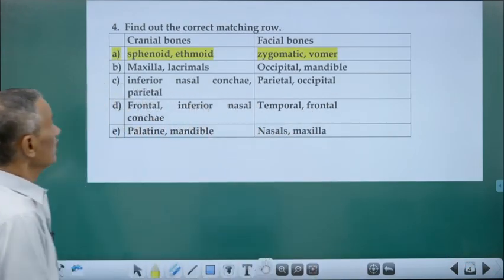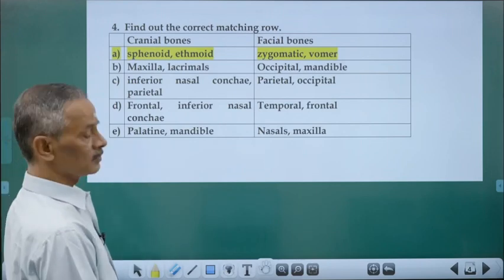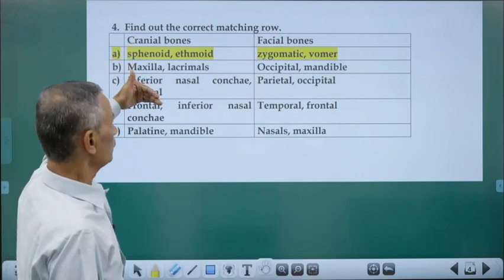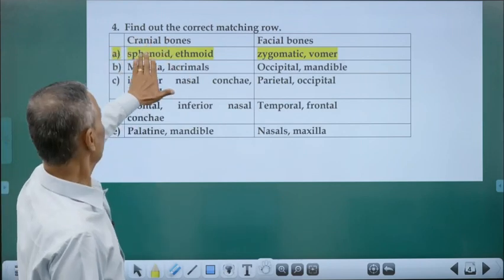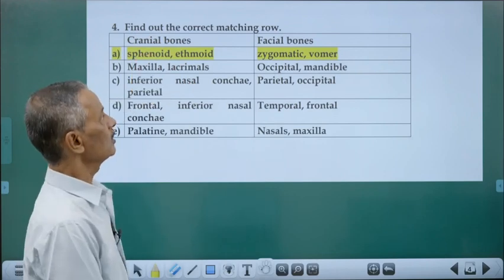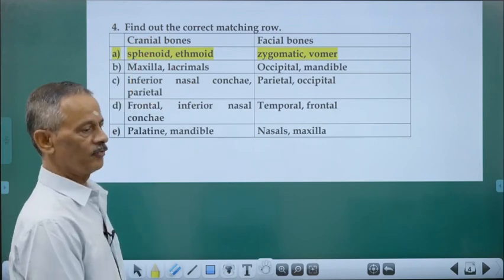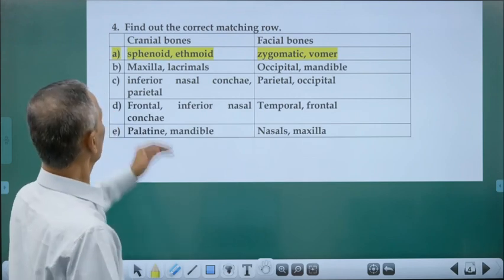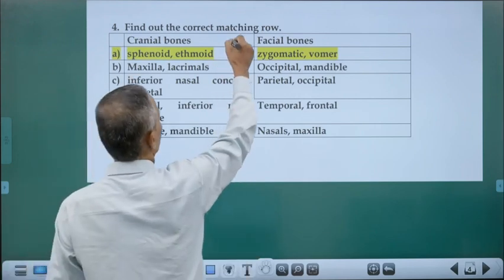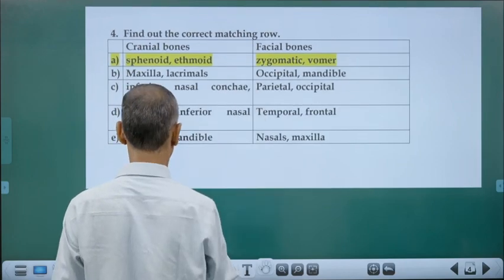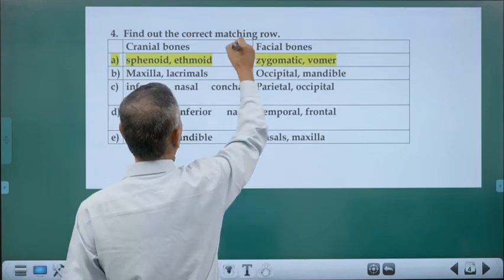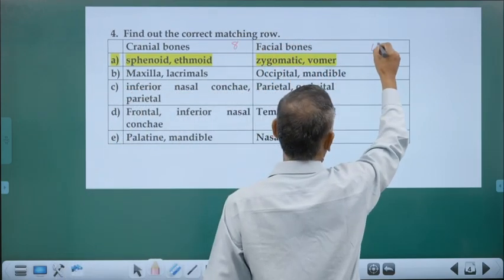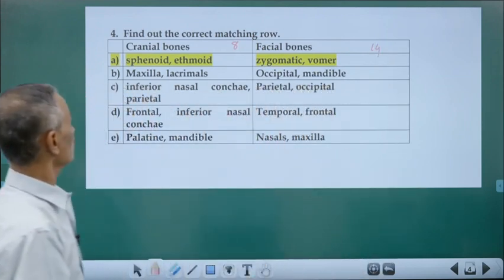Now, incorrect match. What are the bones which are all present in the cranial part and facial part? We have studied that there are total of 22 bones in the skull, of which cranium 8 and 14 in the facial part.